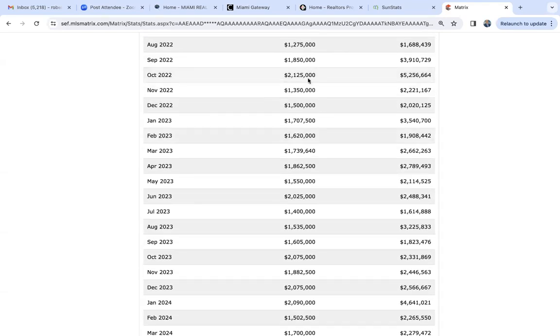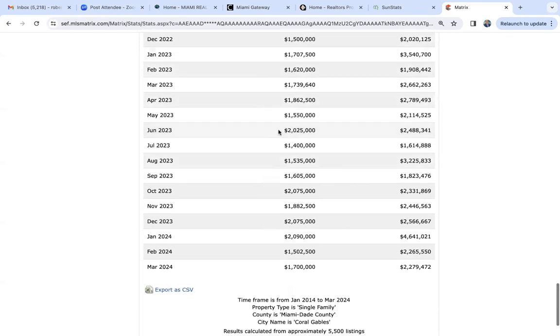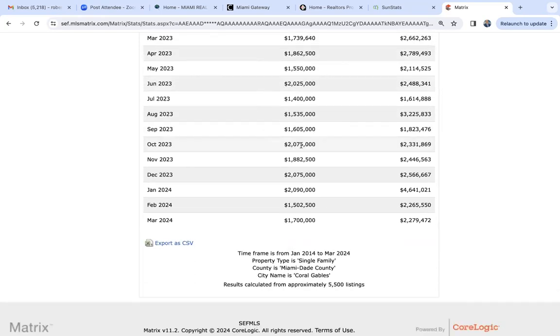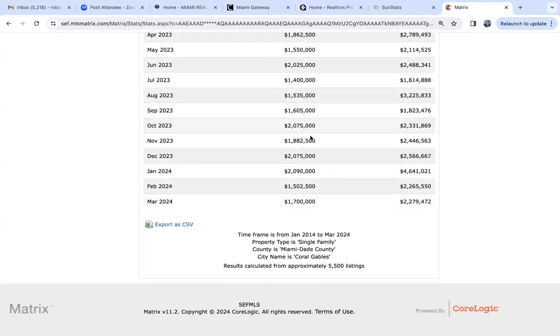We had a 2.2 over here. We had a 2 million here, a 2 million here, a 2 million and a 2 million, and then back down to its normal. So I can't really say with confidence that the prices are going down. I could just say that the prices are holding steady. They really are just holding steady.